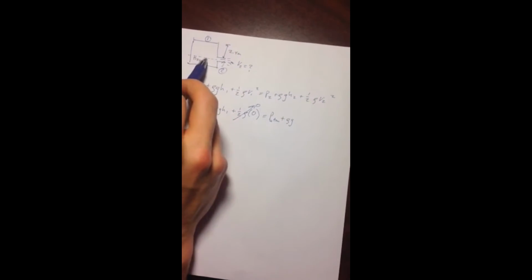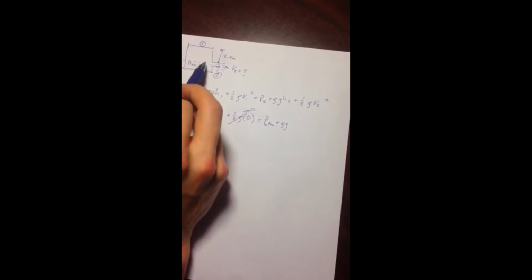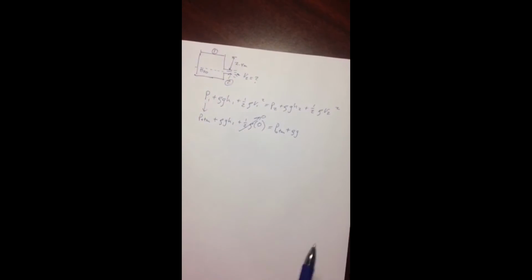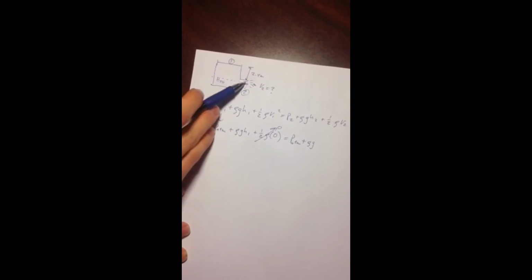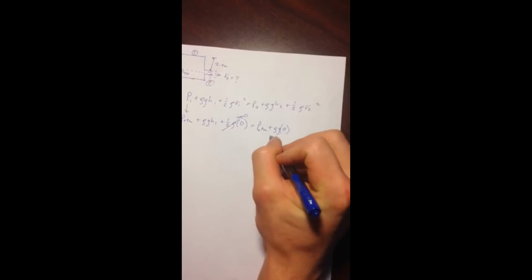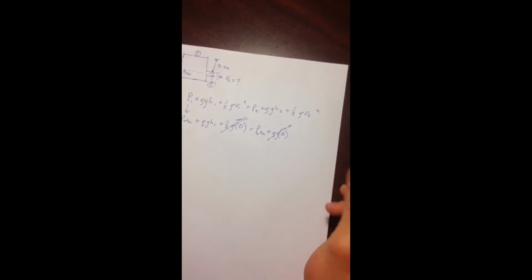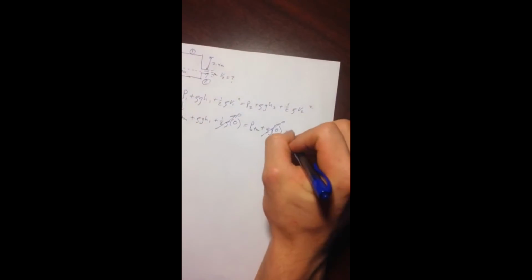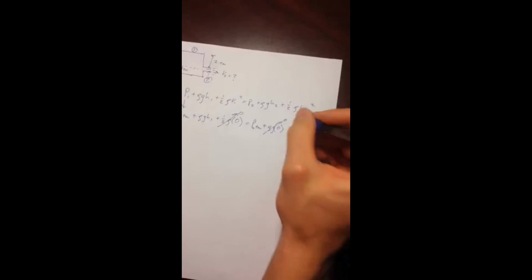g h2 is considered to be equal to 0 here. This is our reference height. We're just measuring using the pressure differences here from 1 to 2. So the height just goes from 2.4 to this 0 value. So h2 is going to be equal to 0, and that whole term will go to 0.